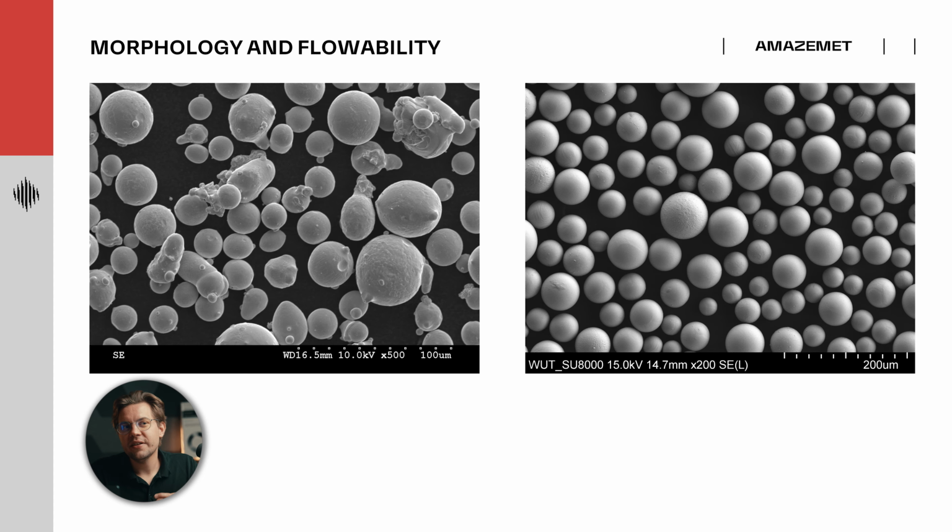Right now on the slide you can see typical SEM images of both gas atomized and ultrasonically atomized powder. On the left you can observe a particle that is decorated with so-called fines, satellites. Such particles create powder with lower flowability, and it is harder to process those in an additively manufactured manner.